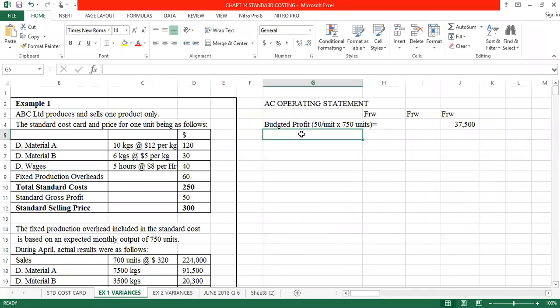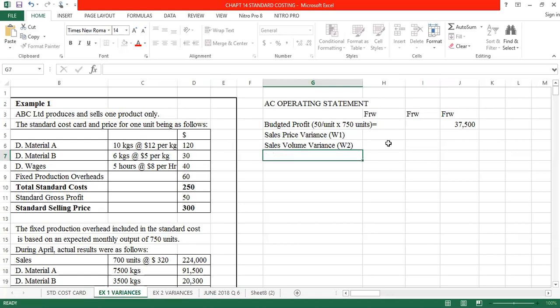Next, we said you account for sales price variance. We will have working one. Next, sales volume variance. We will have working two.